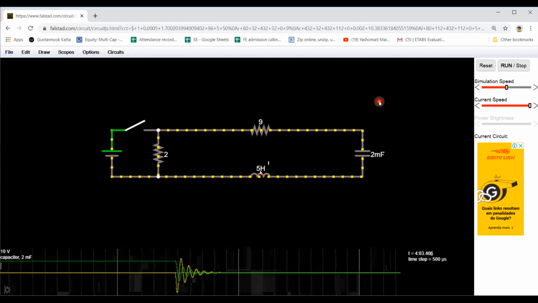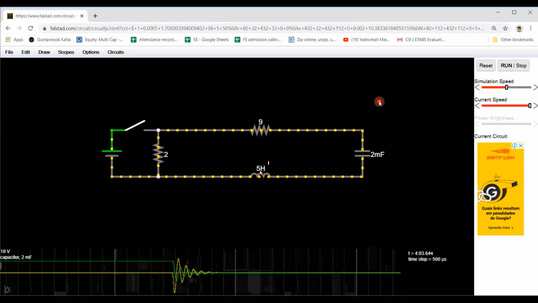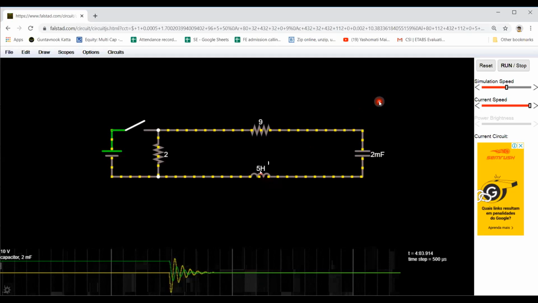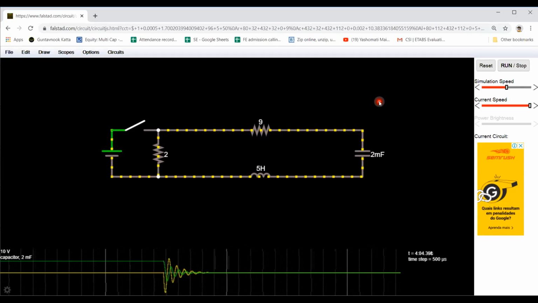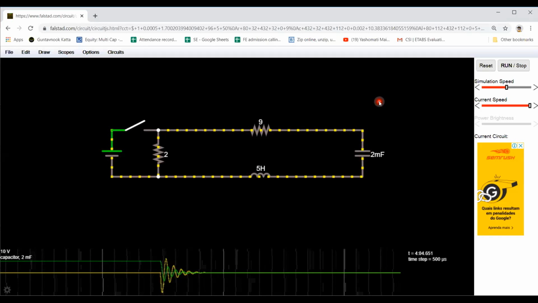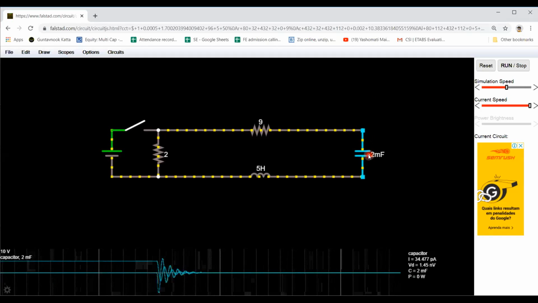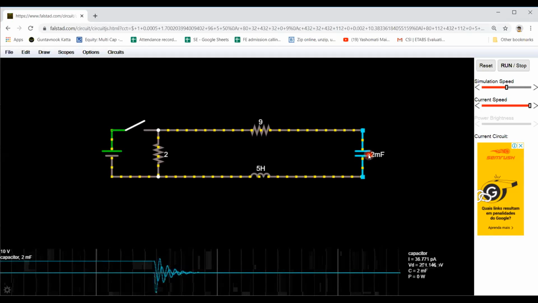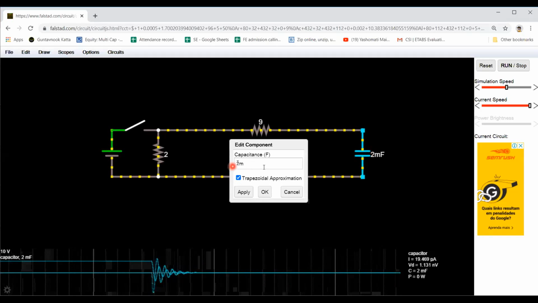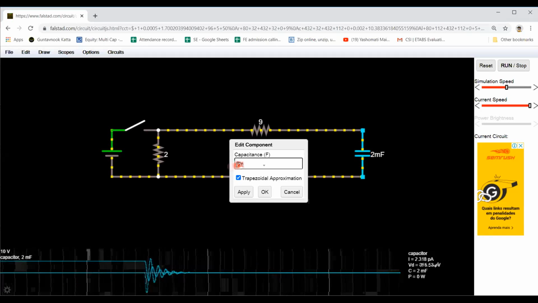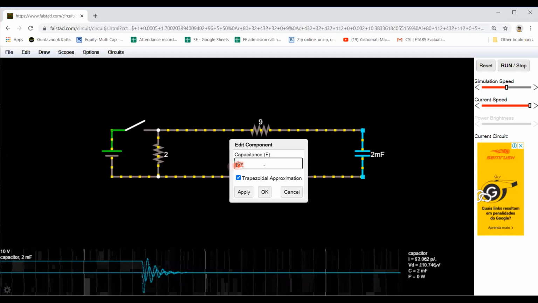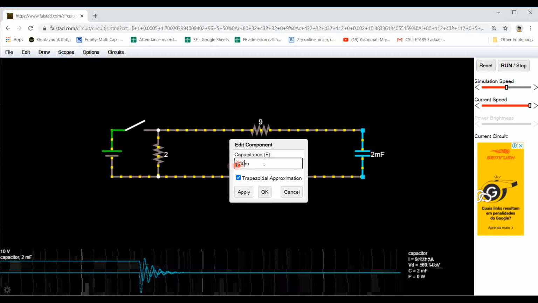And from this, you can find out the value of C. C will be 0.81 into 5, so it is coming out as 0.25. So we'll put the value of C as 250 millifarad.